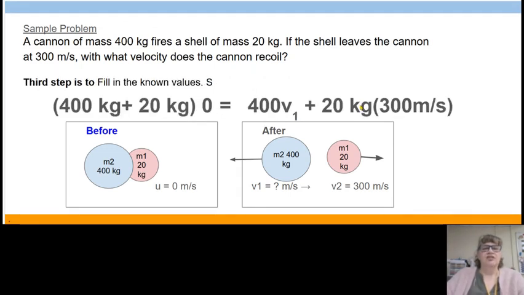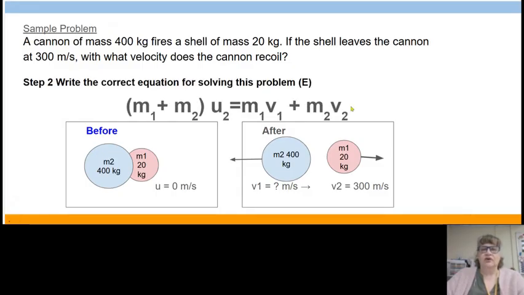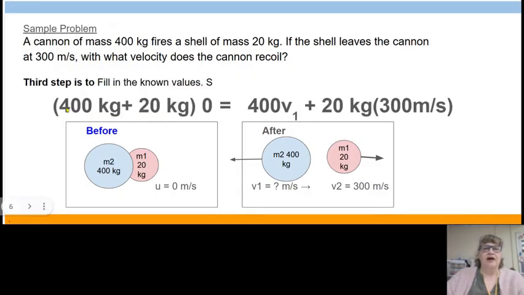Okay. The third step is then to fill in your known values. If you write this equation out and then go back and fill it in exactly the way that it appears, you will make it so that you don't have things in the wrong place, put it that way.